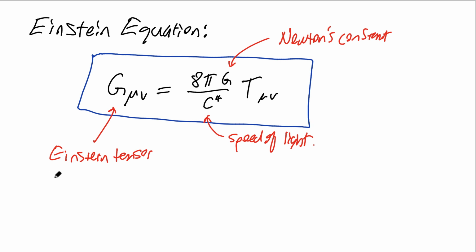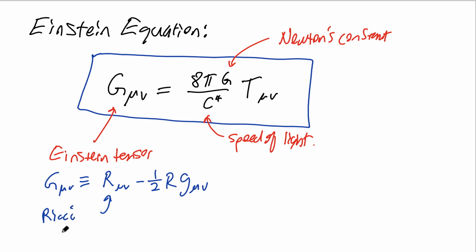And remember, the Einstein tensor is defined as the Ricci tensor, R mu nu, minus 1/2 the curvature scalar times the metric, g mu nu. Here R mu nu is the Ricci tensor, defined as the contraction on the first and third indices of the Riemann tensor, and the curvature scalar is just the contraction of the Ricci tensor.